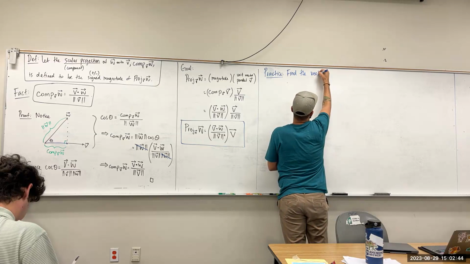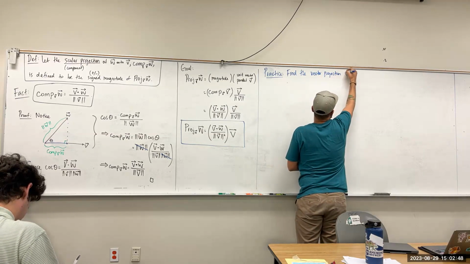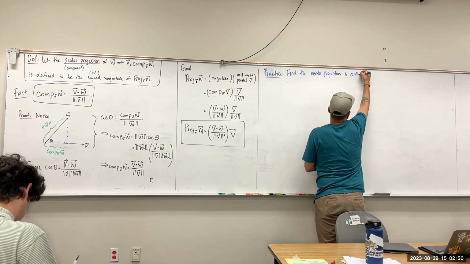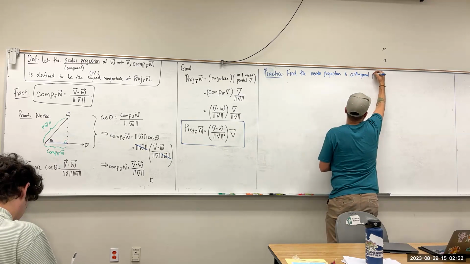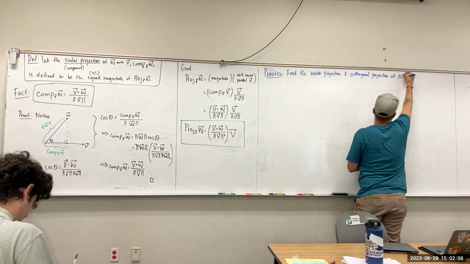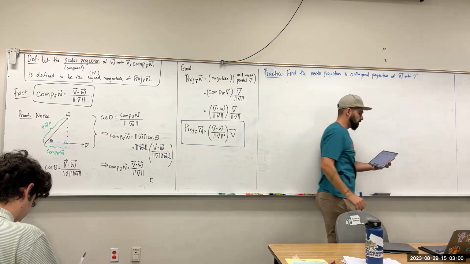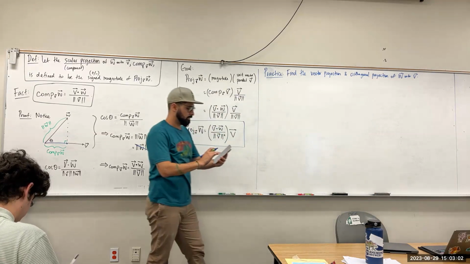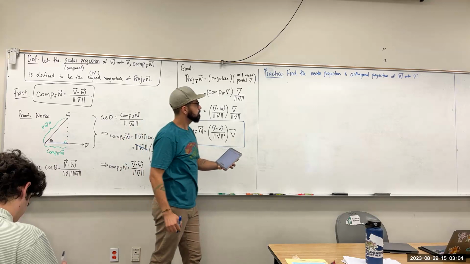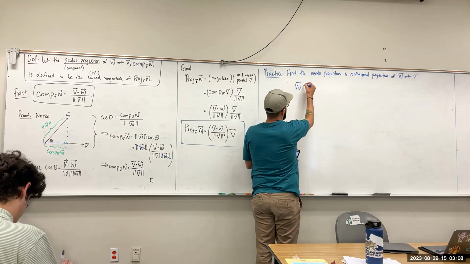Find the vector projection and the orthogonal projection of W onto V. Here I'm actually going to give you the vectors.